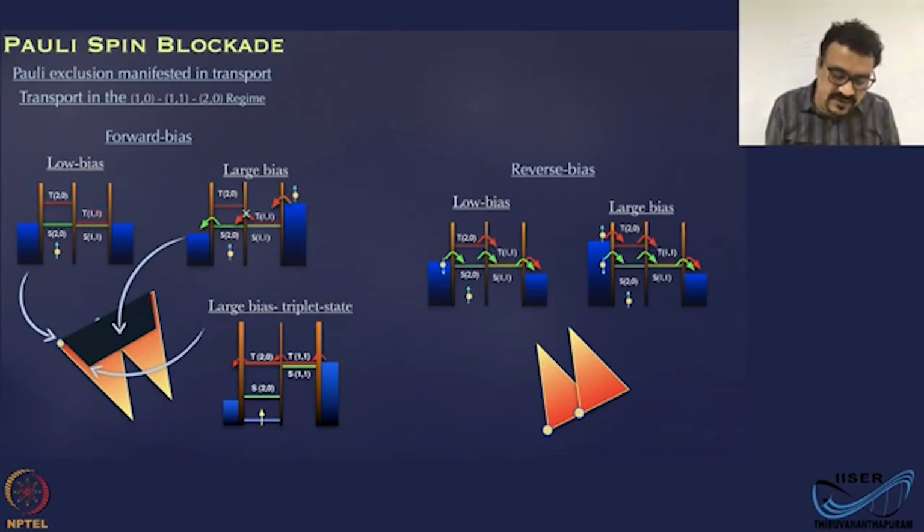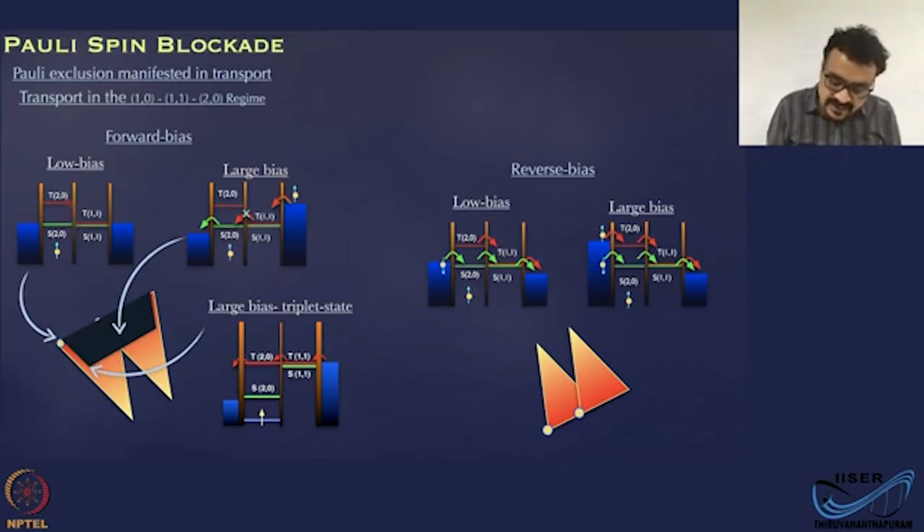If it goes with a spin up, then that electron cannot tunnel here because a spin up electron needs to go into this region. This is the T20 triplet state. A second spin up electron here will make a triplet state with this existing electron, and that energy level is here, which is not accessible.